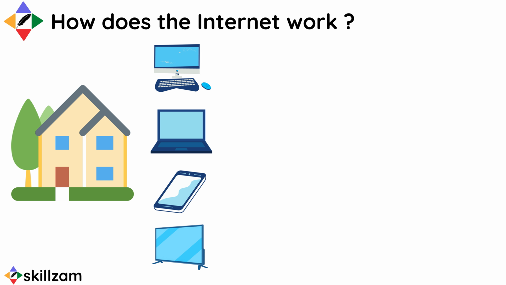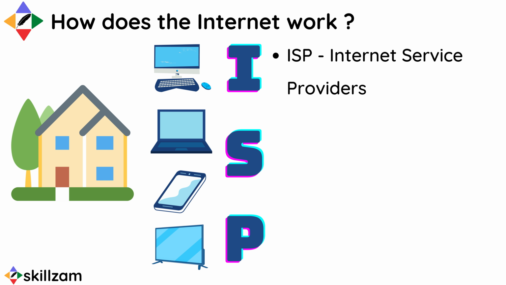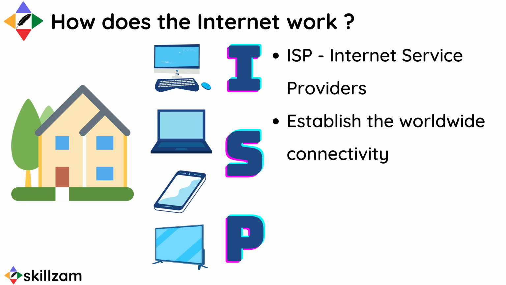Suppose we have a PC, like a personal computer, laptop, mobile, and a smart TV at home. The very first thing we do is call up the cable guy for connecting us to the world of internet. These cable guys are from the ISP, that is, Internet Service Providers. They establish the worldwide connectivity between individual networks at various levels of scope. ISPs provide the internet connection for their customers or members by enabling data transmission between computers over the web.